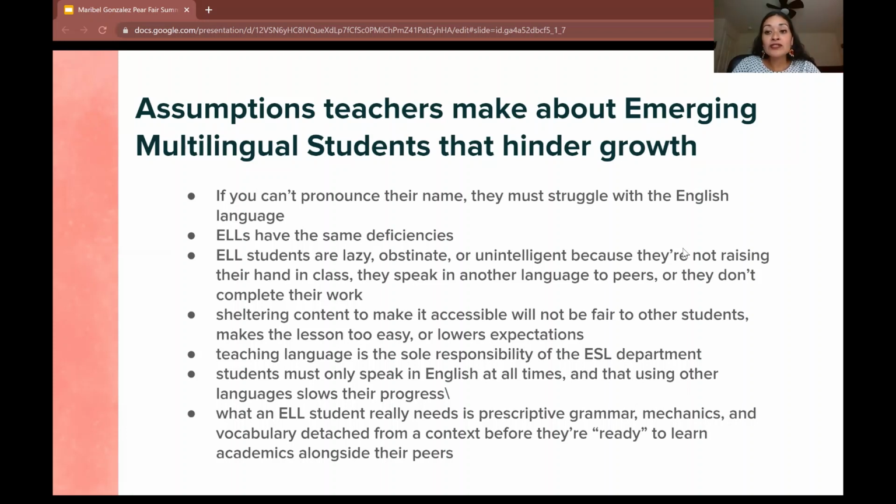Students who speak another language that's not English have a wealth of knowledge and culture and experiences that make them incredibly capable and intelligent. And that is how we have to approach our instruction, with that belief in mind and that belief in action.